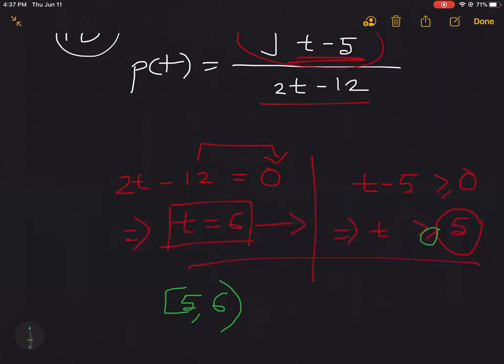And the answer is no, because we can actually go to positive infinity, because t can be anything starting from 5, up to infinity, just apart from the 6. So you can again start from 6 and go to infinity. Of course, 6 will be open. Infinity is always open. And as we have more than one interval, we can use the union. So that's your answer.